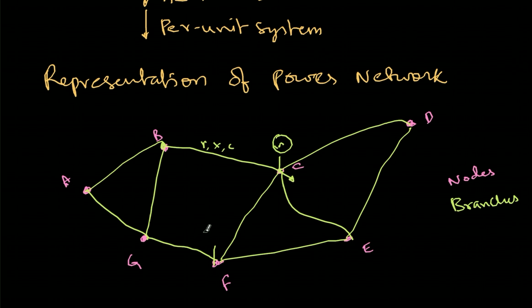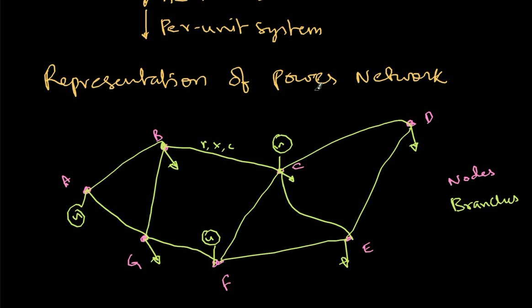F also may be a generation city, and A may also be a generation city, whereas B, G, E, and D could be load cities. There might be some local generation at D, but mainly the load is dominating, so I showed D as a load.